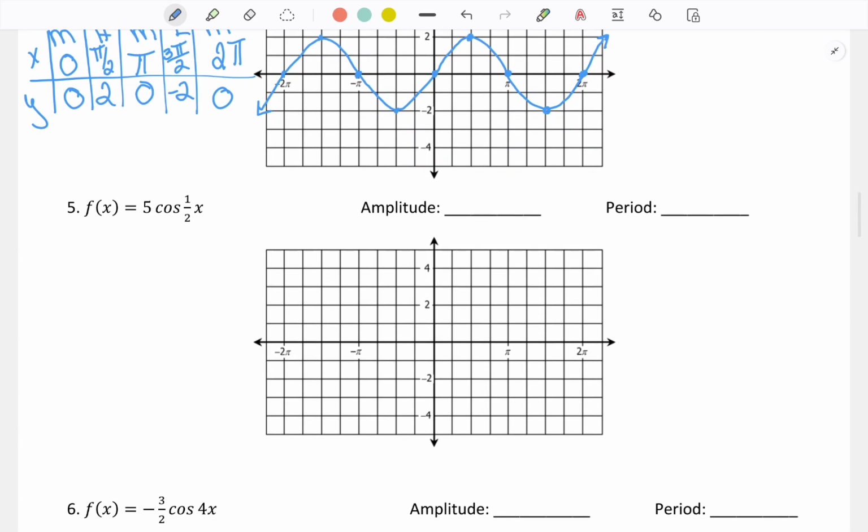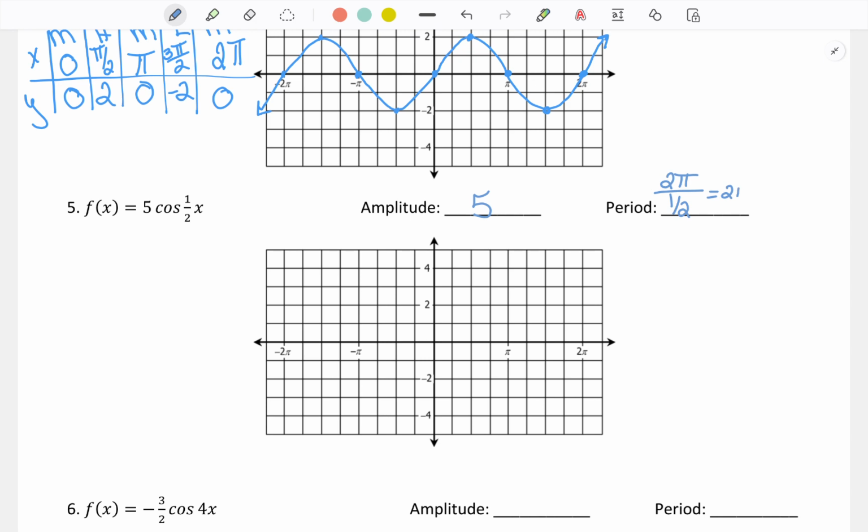Okay, so then for number 5 here, we have 5 times the cosine of 1/2 x. So our amplitude here is 5. And then our period is going to be 2 pi divided by 1/2.